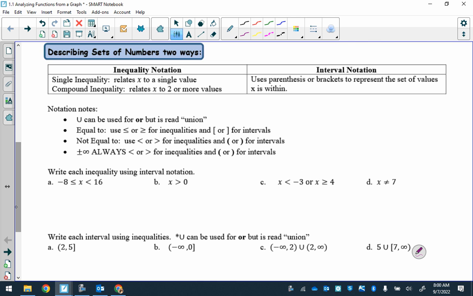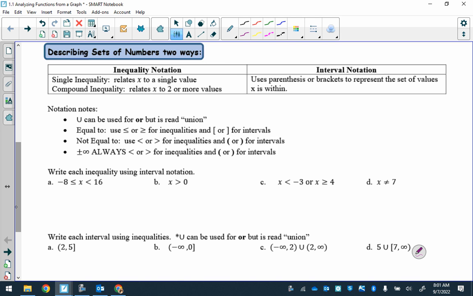Describing sets of numbers two ways. Okay. We have inequality notation, which is this guy here. An interval, which is what we're going to use a lot of. Okay. Again, U can be used for or, but it's read as union. Okay. Equal to uses less than or equal to or greater than or equal to, and that's where we use the brackets. Again, we're just recalling this information.